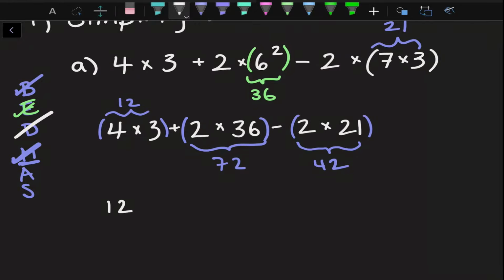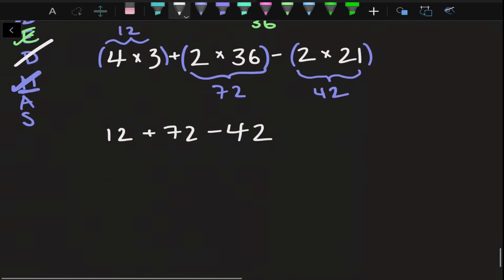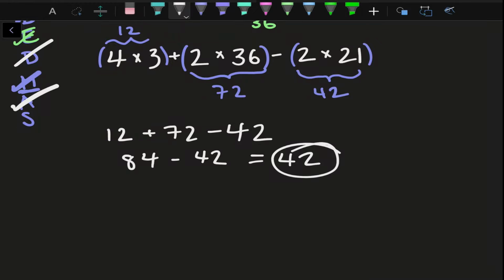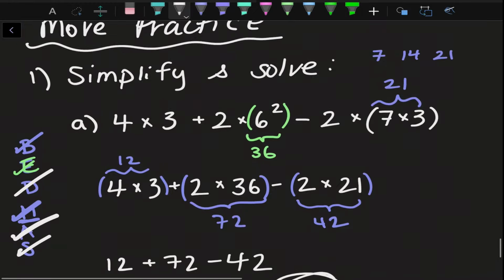So I have 12 plus 72 minus 42. Now for my adding, I'll do that first. So 12 plus 72 is 84. 84 minus 42 is equal to 42. And that's our answer, right? So we did our addition and subtraction. Perfect.